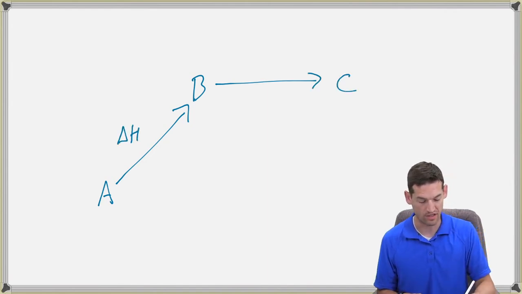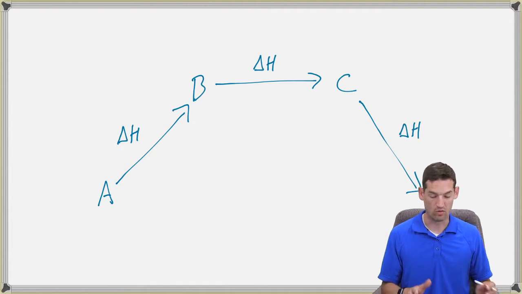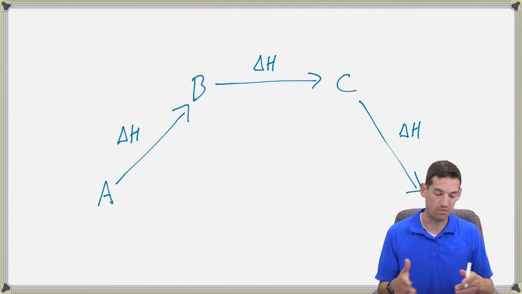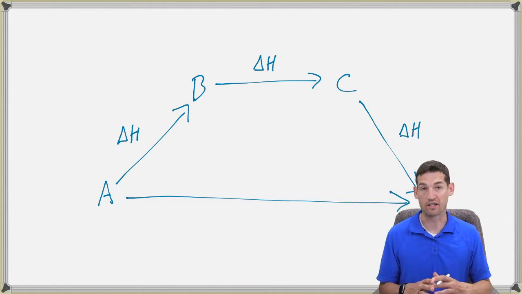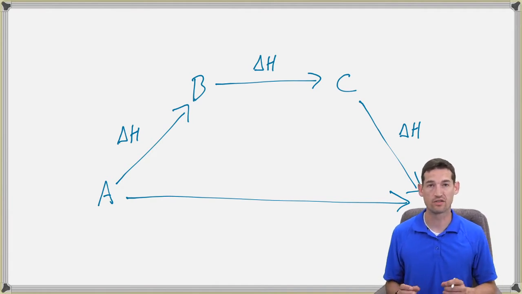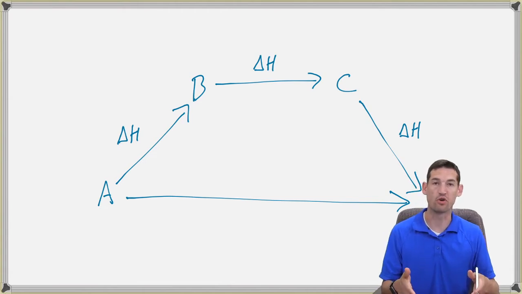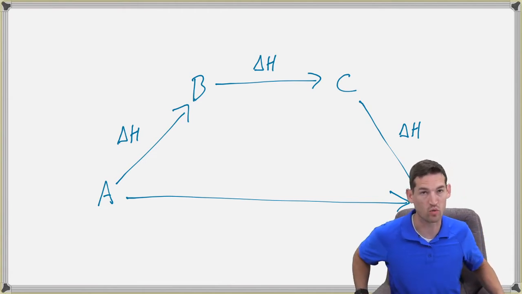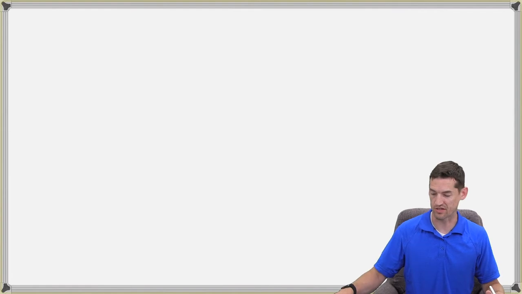Delta H. This has its delta H. And I know that C can turn into D, which has its delta H. Well, if I take those delta H's and combine them, it's basically the same as saying I went from here to here, and I can figure out that delta H. So it's using known reactions to figure out our unknown reaction. If I was you, I would draw this in that little space next to 1B in your notes. Okay, so let's go ahead and look at part 2 here and actually show you how this is done.